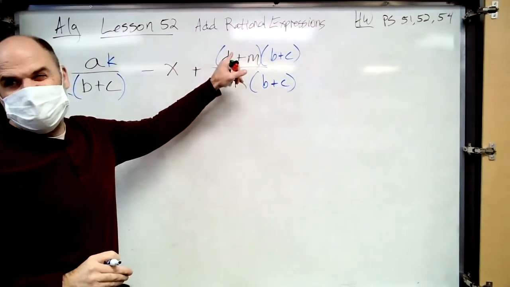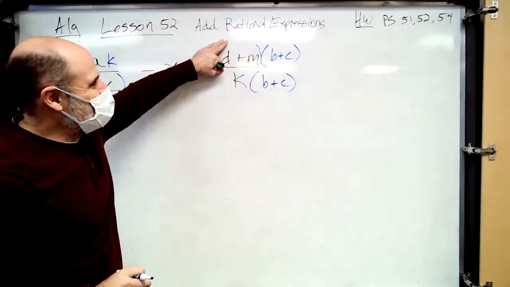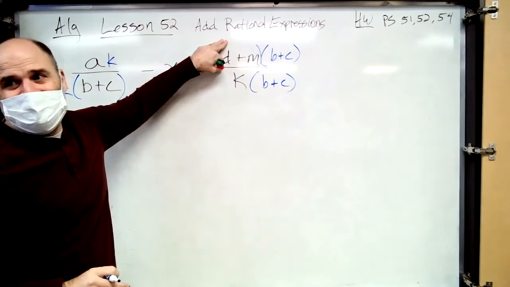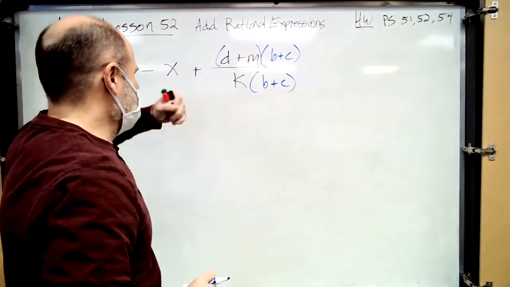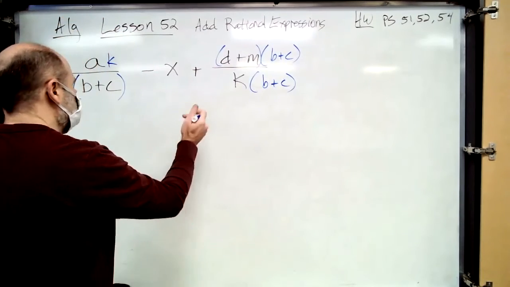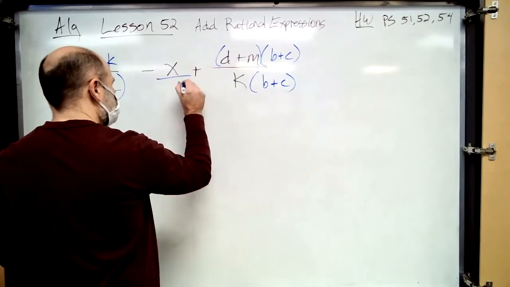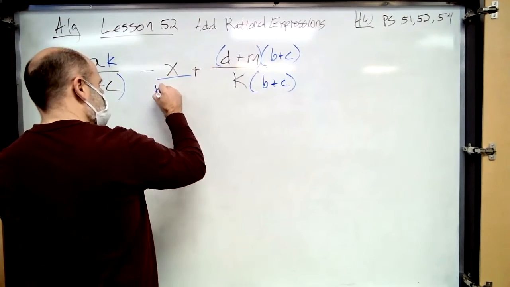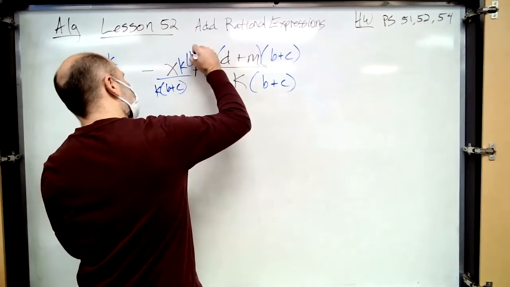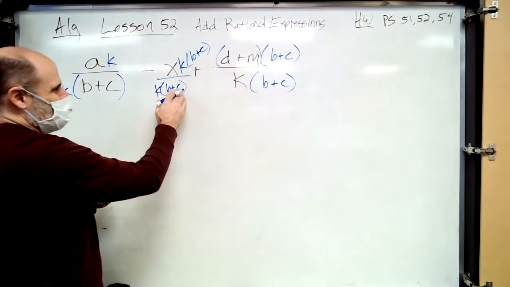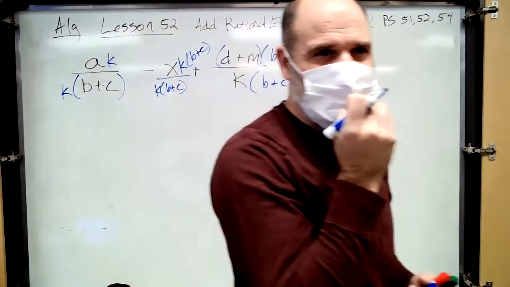You need those parentheses. Because without those parentheses, see how it's just M times B plus C? So you can't forget those. But this one needs everything. So this one needs a K and a B plus C. So some of you forgot the K in that middle one.